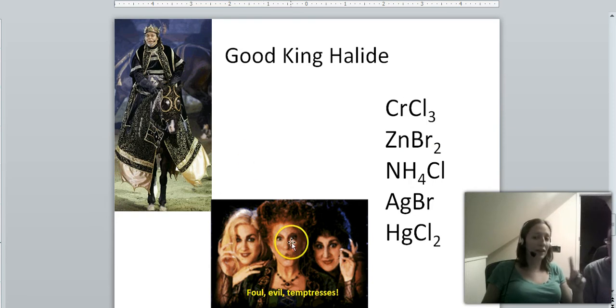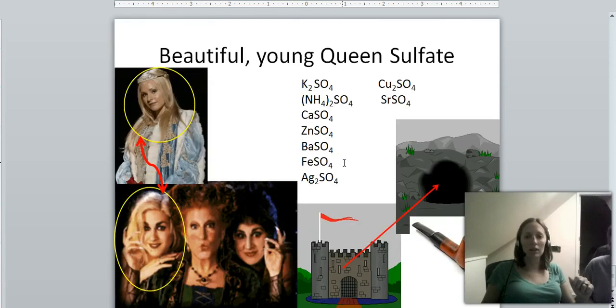So Ag, Hag, and Pib, which is silver, mercury, and lead, combined with Good King Halide, end up being insoluble. So silver bromide is insoluble. Mercury chloride is insoluble. And so would lead chloride be insoluble. So Good King Halide, generally good, can be overpowered by witches.